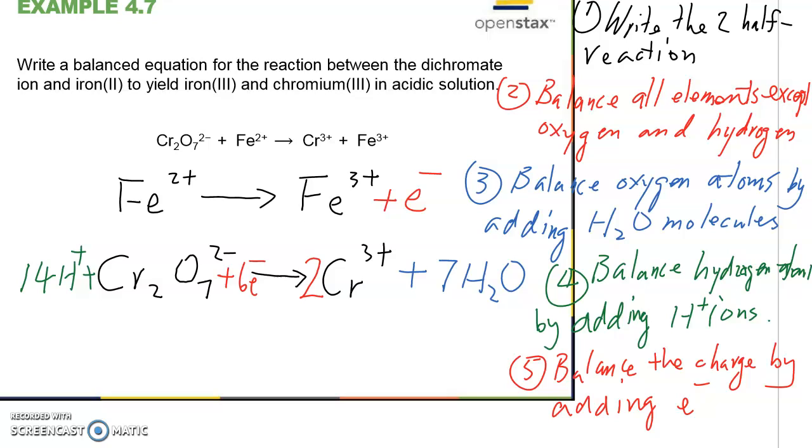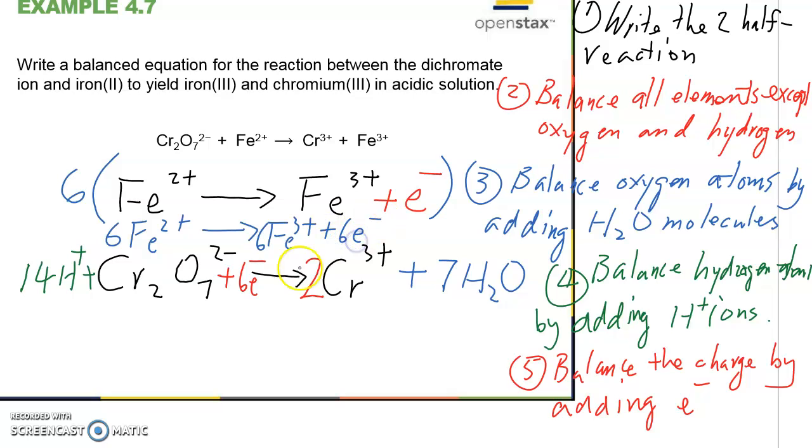I am going to multiply the first half reaction by 6. If I multiply that by 6, then I will have 6 Fe2+ is going to give me 6 Fe3+, plus 6 electrons.